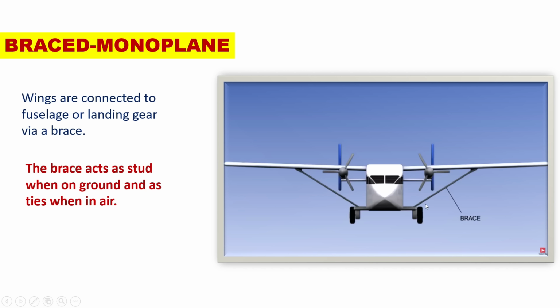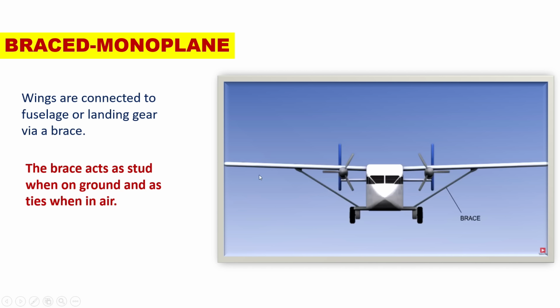This thing will get compressed. Now this thing is being compressed and it is resisting the compressive force, so it is acting as what? It is acting as a strut. Like, what do we use to resist the compressive load? It is a strut, right? So it is resisting the compressive load, hence it is called a strut when the aircraft is on the ground.